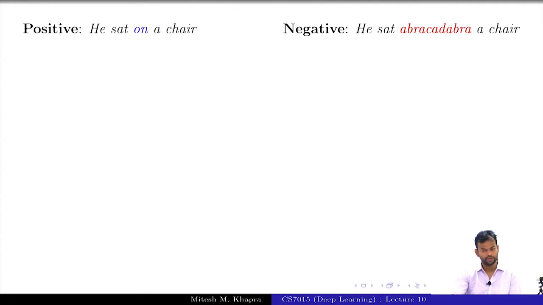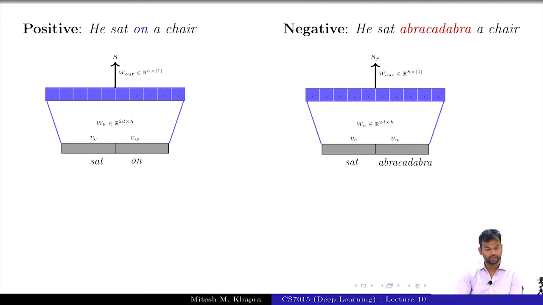Here again you use the same idea. You have a positive sentence or a positive example, he sat on a chair. You create a negative sentence in which you replace the word by some random word. Now you construct a feed-forward network like this, which takes these two one-hot representations and basically uses your word context matrix to give you the summation of these two representations. That's exactly what we had done in the skipgram model.